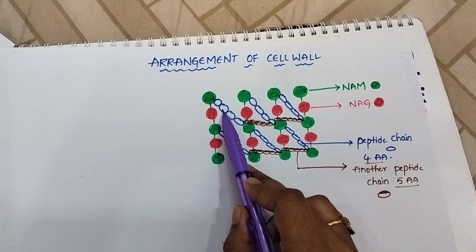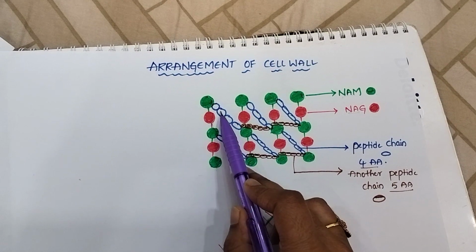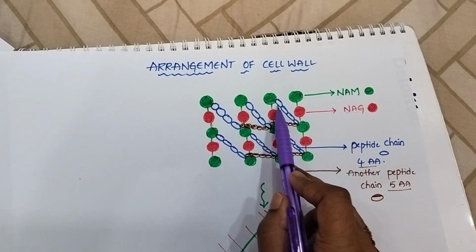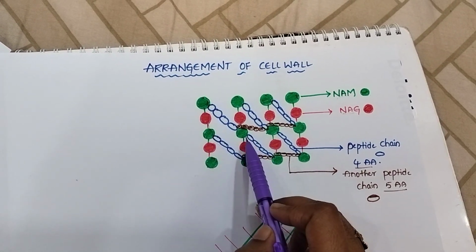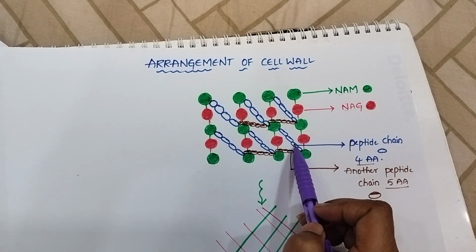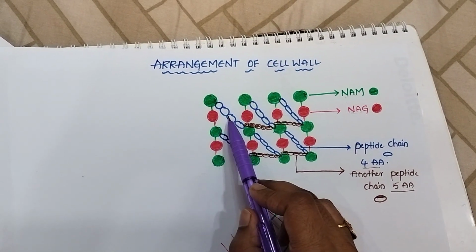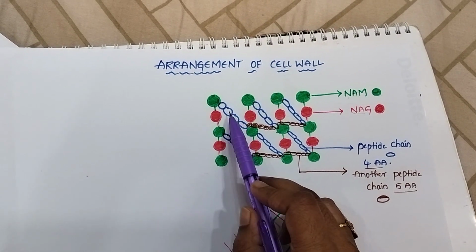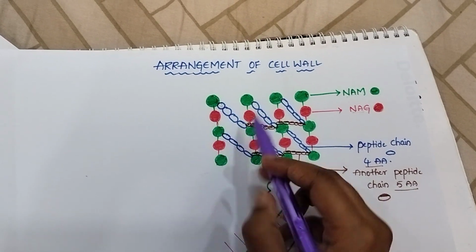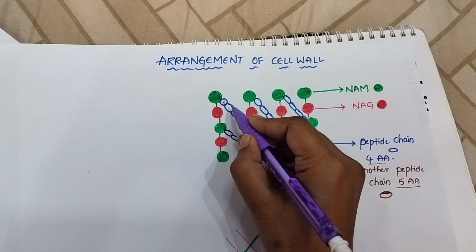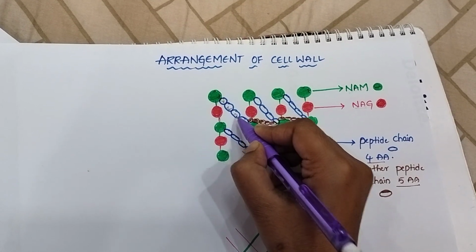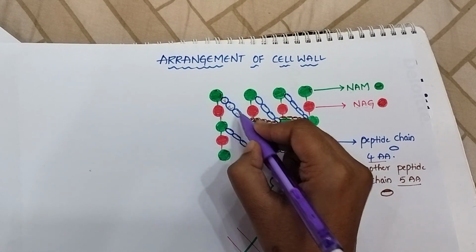I have drawn here a blue colored chain hanging. What is this blue colored chain? This is a small peptide chain composed of one, two, three, four amino acids.